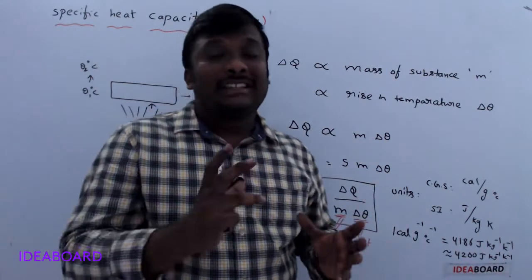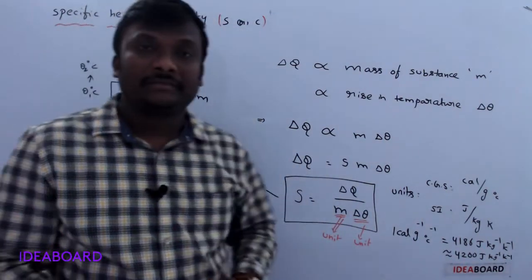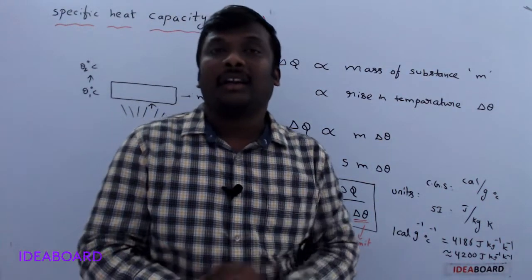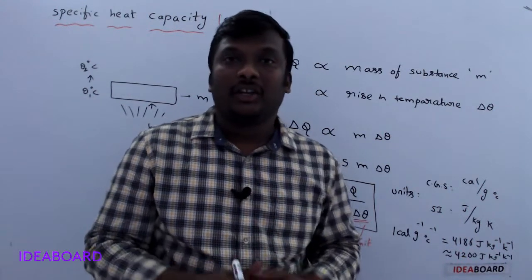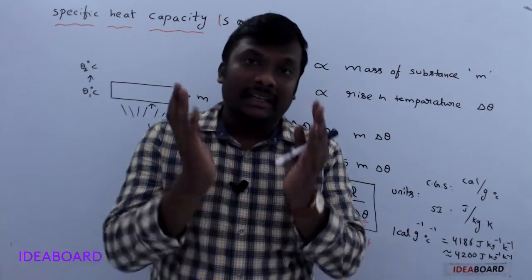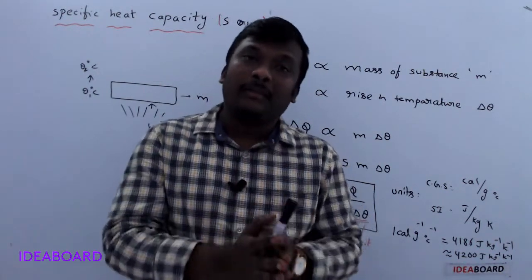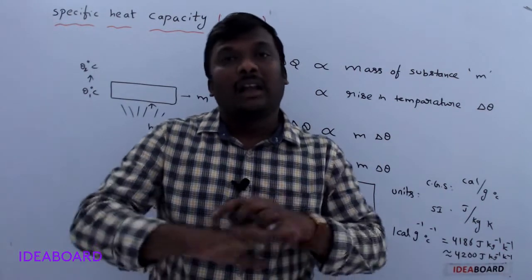So different substances have different values of specific heat. Understand? Specific heat is independent of the mass of the substance. It's very important. So if I take copper, that copper may be 100 grams, or it may be 1 kilo, or it may be 10 grams, whatever it may be.